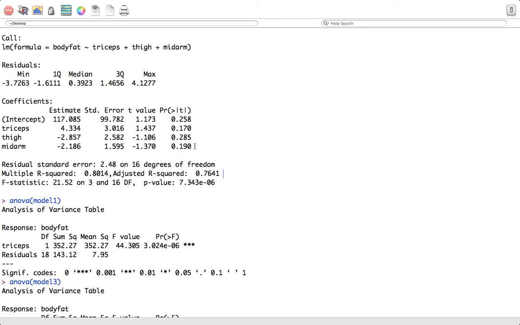So guys, we think that we're doing individual contributions, but because triceps and thigh are so highly correlated, there's actually very little marginal contribution. The reason for the contradiction is that each test of the coefficients turns out to be a marginal test.